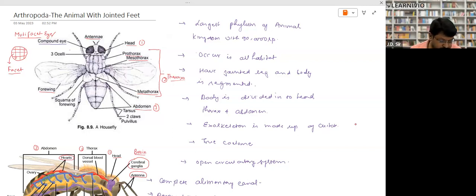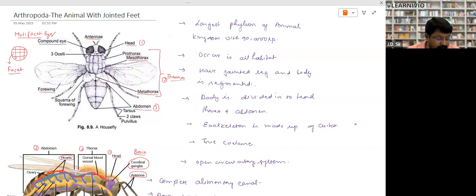First point. The phylum Arthropoda includes the largest number of animals, with 9 lakh species.